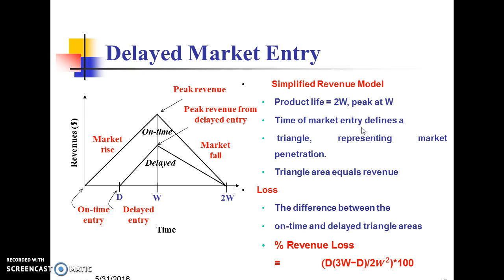Time of market entry defines a triangle representing market penetration. Triangle area equals the revenue. Loss: the difference between on-time and delayed triangle areas is the loss, and percentage revenue loss is equal to D into (3W minus D) divided by 2W square, into 100.